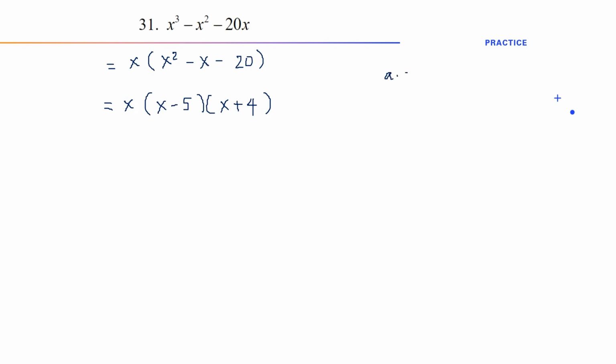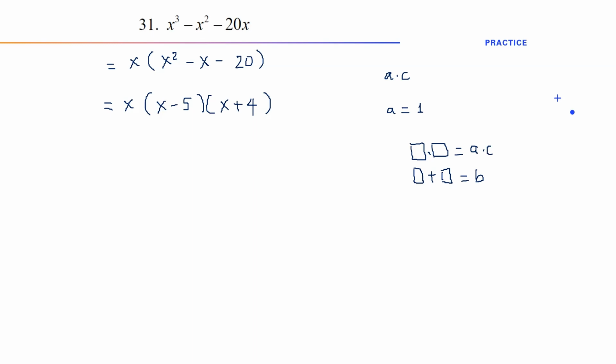For the AC method, remember in the case that A is equal to 1, it's easier to check the AC by just finding the two numbers, right? And then put them inside.